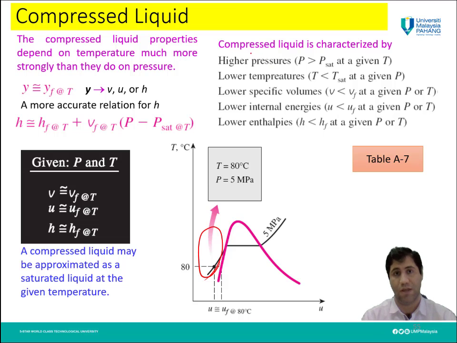To check if the substance we have is in the subcooled region, we can use different conditions, similar to what we had for the superheated. High pressure: if the substance has a high pressure, it may be in the subcooled region. But we need to check again. We need to compare the pressure with the saturation pressure, which can be found in table A4.